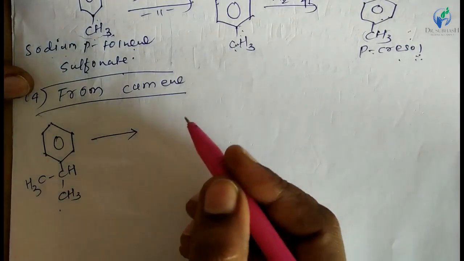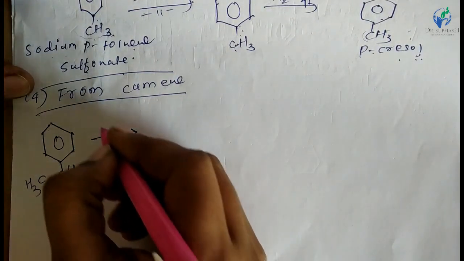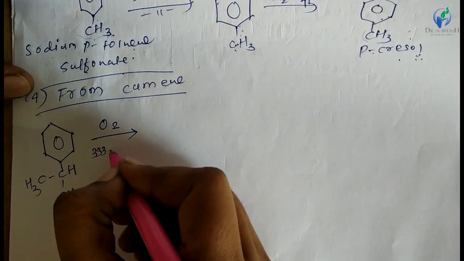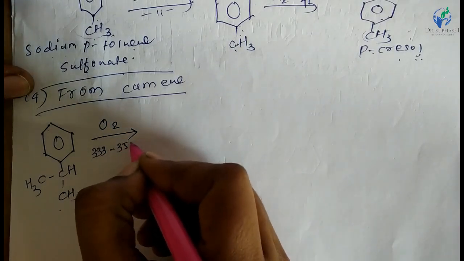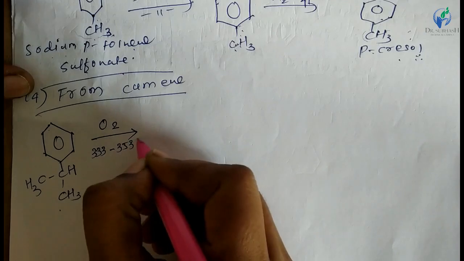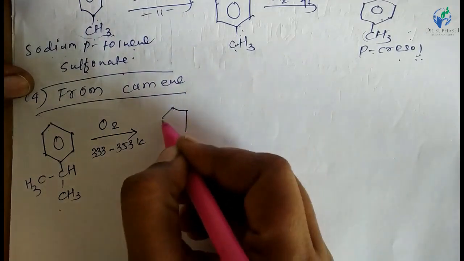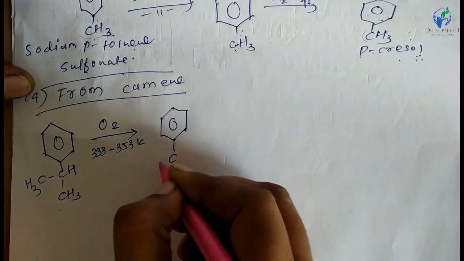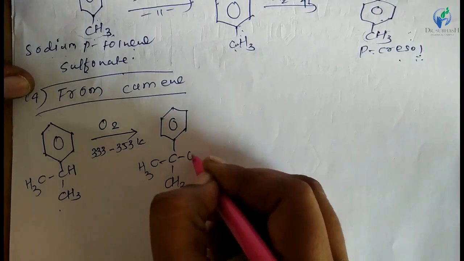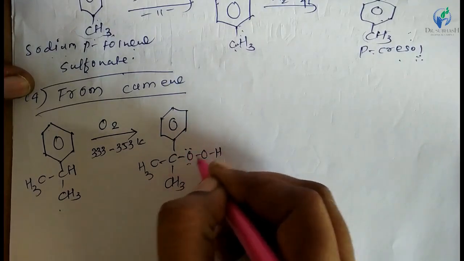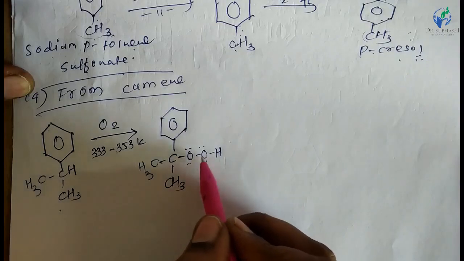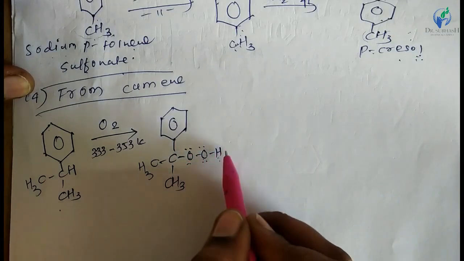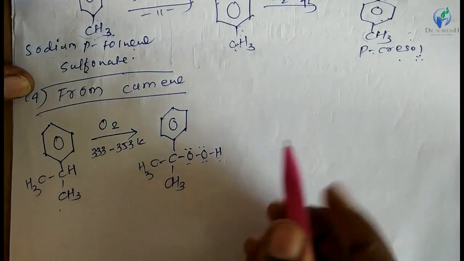When isopropyl benzene or cumene is oxidized with oxygen at a temperature around 333 to 353 Kelvin, it gets oxidized and converted into the corresponding hydroperoxide molecule. This one is the hydroperoxide: an oxygen link, the peroxide, which is attached to hydrogen. The whole structure is the hydroperoxide part.